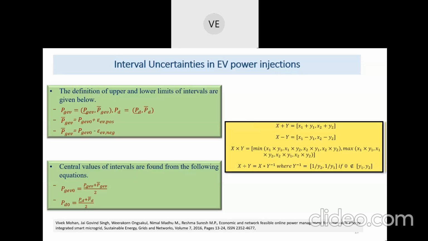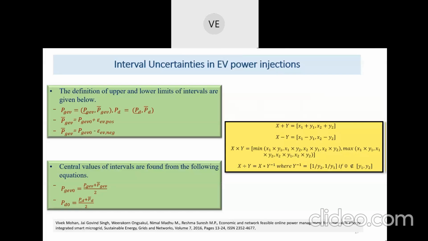These variations in the output variables are based on the uncertainties in power injections due to renewable energy, electric vehicles, loads, etc. So we are incorporating the uncertainties into the load flow equations. That is what we do using interval arithmetic.